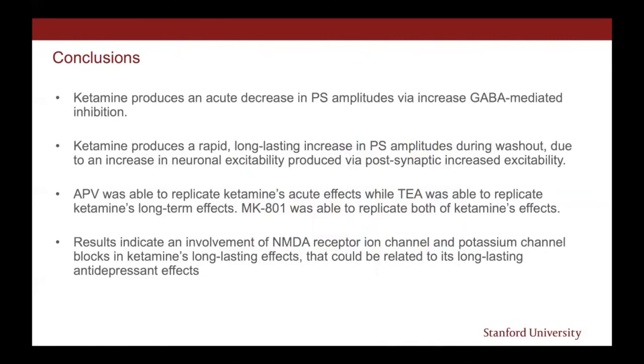MK801, which is an NMDA receptor channel blocker, was able to replicate both ketamine's acute and long-term effects. Thus, the results indicate the involvement of the NMDA receptor ion channel as well as potassium channel blocks in producing ketamine's long-lasting effects. And these long-lasting effects could be related to the long-lasting antidepressant effects produced by ketamine.